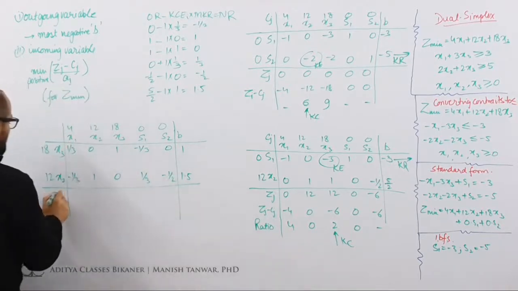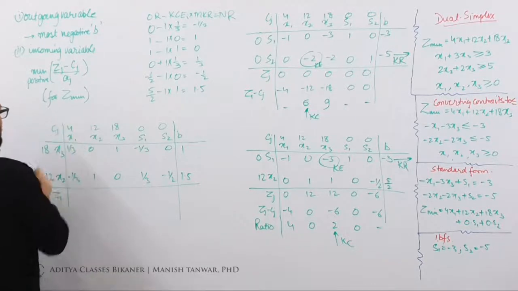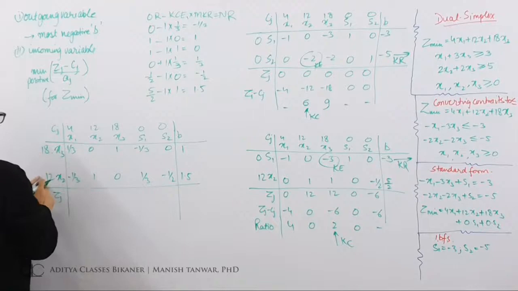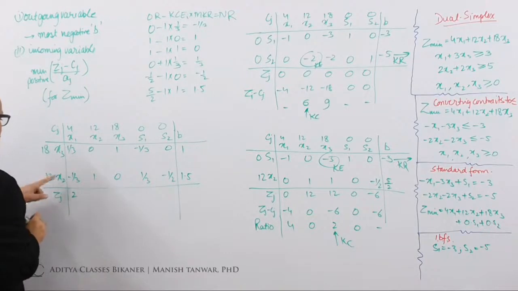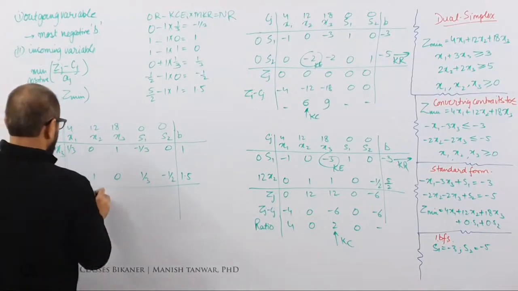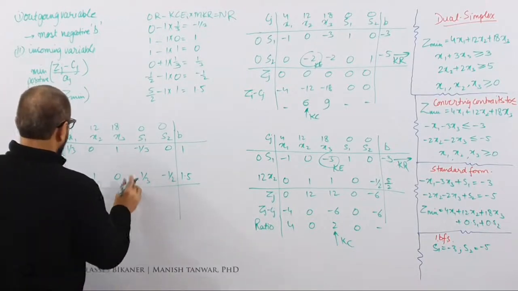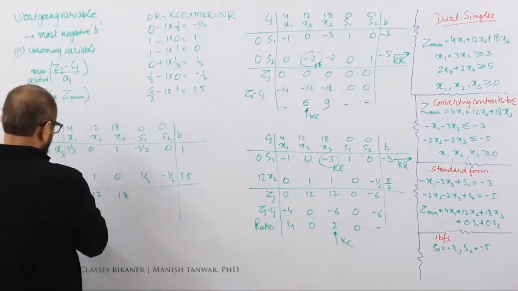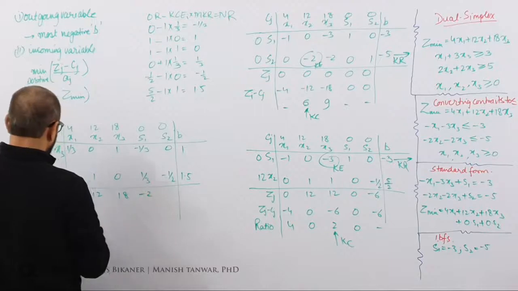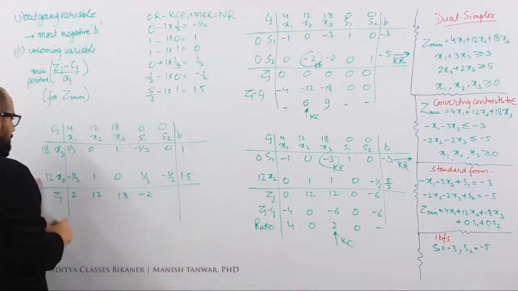Now the Zj. It will be 6 minus 4, giving me 2. 6 minus 4, 2. This will be 12, 18. That will be -6 plus 4, giving me -2.